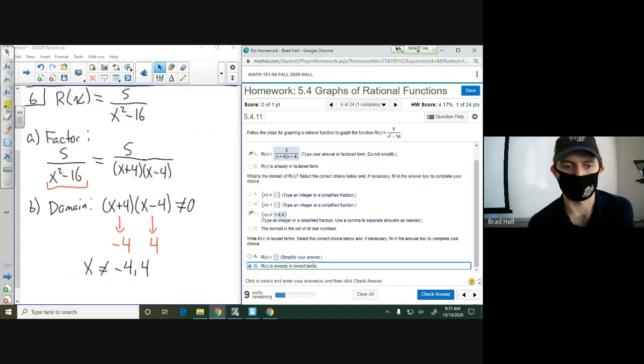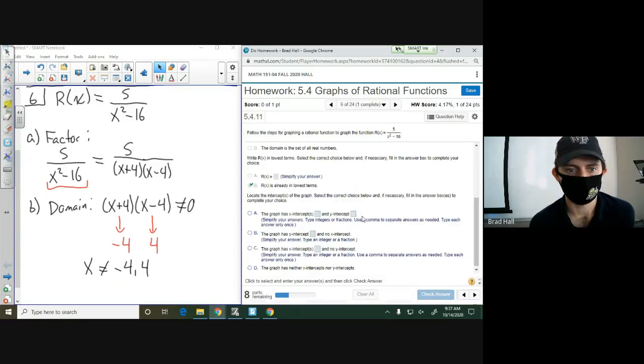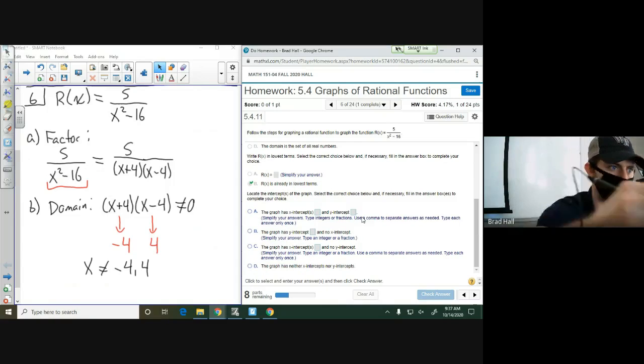That's a fancy way of saying that if there is a factor in the denominator and the numerator that are the same, go ahead and cancel those out and then give us the simplified form. We do not have that in this problem. There are no common factors for us to cancel out, so this is already in lowest terms. Now we're going to go ahead and look for the x-intercepts and the y-intercepts as well.